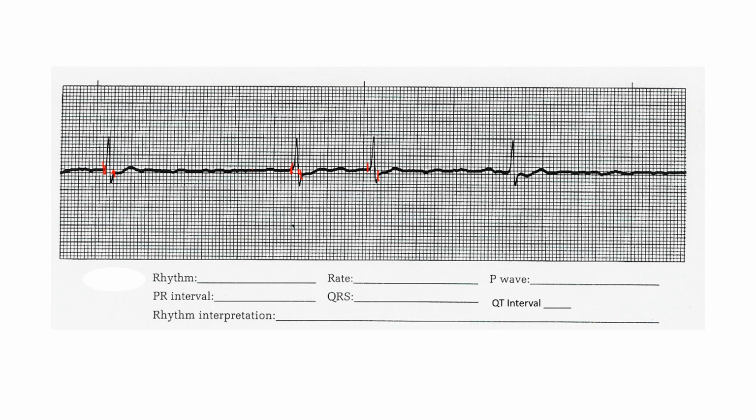If you look, you can probably get a QT interval because the heart rate's so slow. But you know it's not more than half the distance of R to R. So you're measuring from the beginning to the end, and it looks like it's about 10 or 11 boxes. So the interpretation of this one is atrial fib.